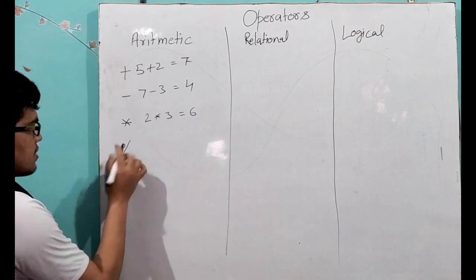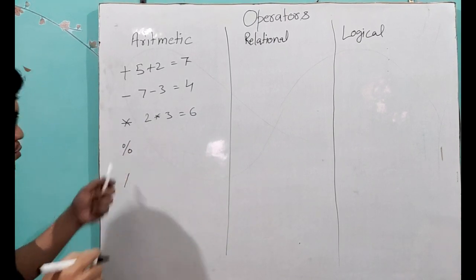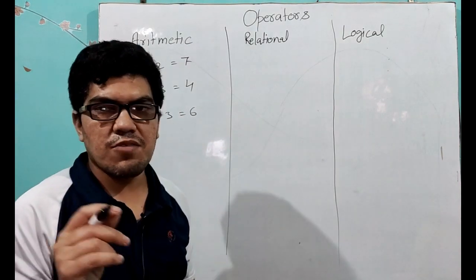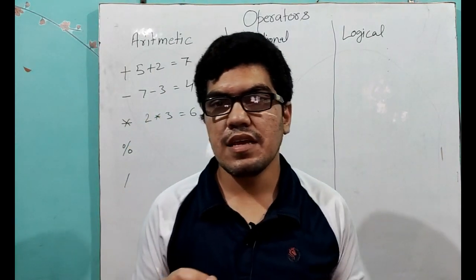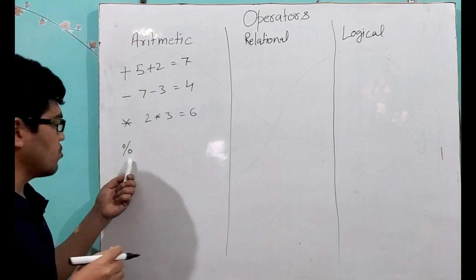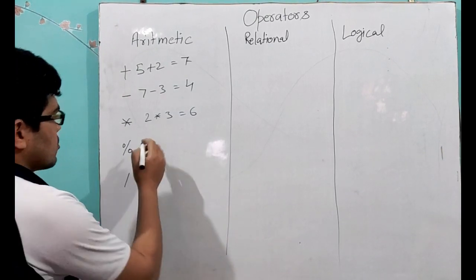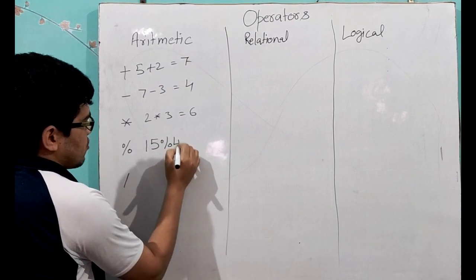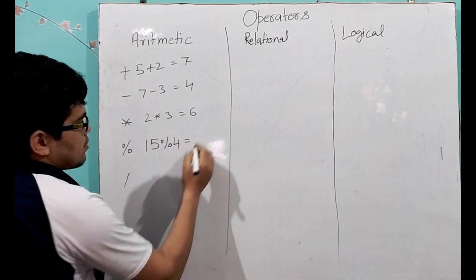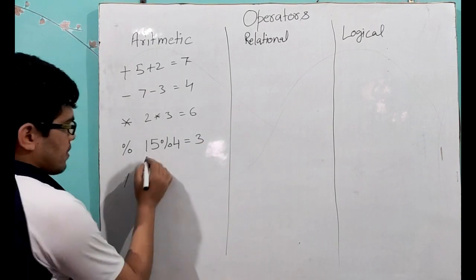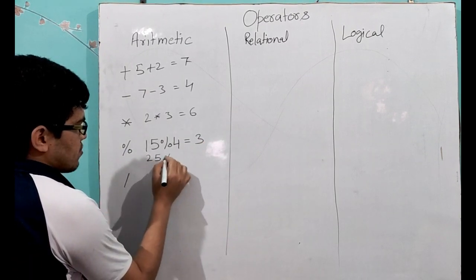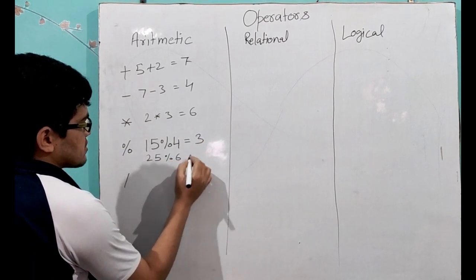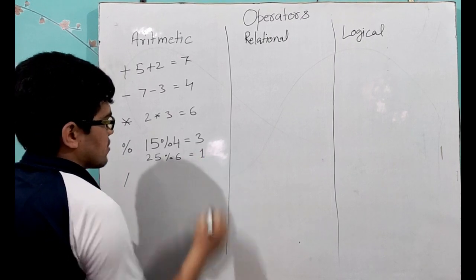Now this operator is known as the modulus operator, and its work is to give you the remainder. 15 modulus 4, the remainder will be 3. 25 modulus 6, the remainder is 1.